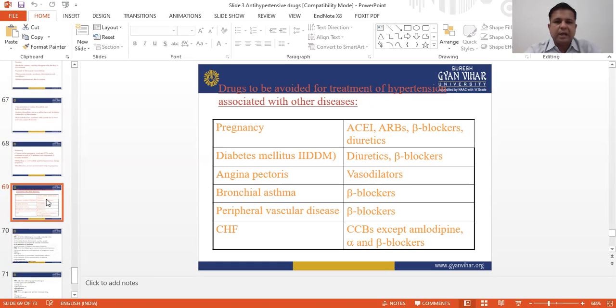In case of diabetes mellitus: diuretics and beta blockers. In case of angina pectoris: vasodilators. In case of bronchial asthma: beta blockers. In case of peripheral vascular disease: beta blockers. In case of congestive heart failure: calcium channel blockers except amlodipine, and alpha and beta blockers.